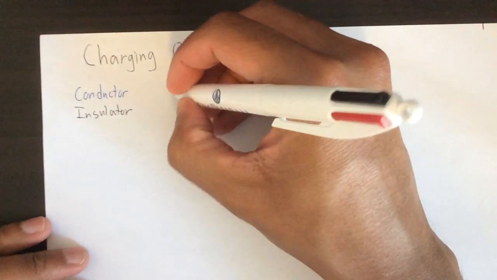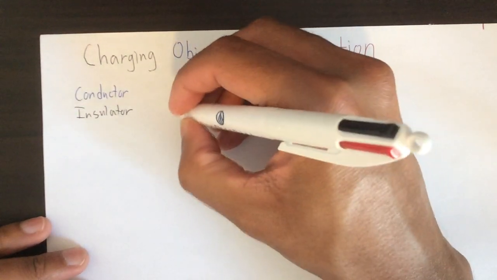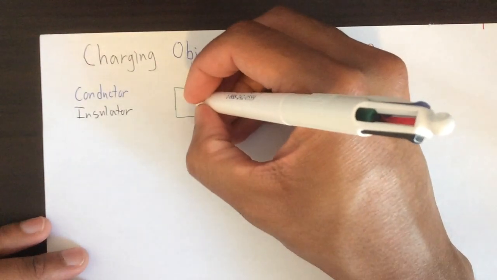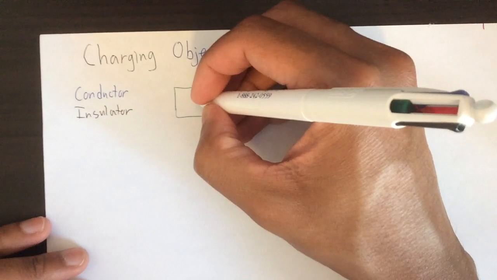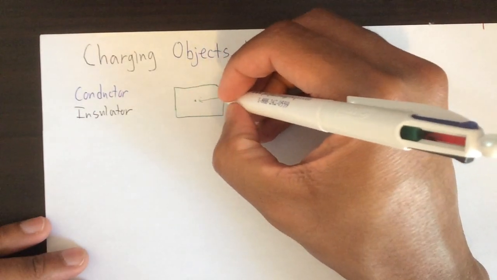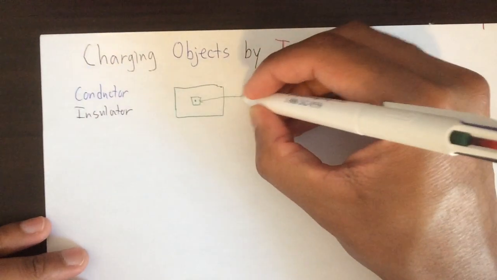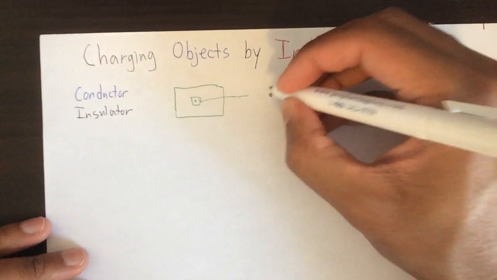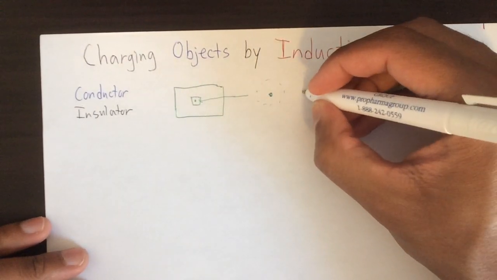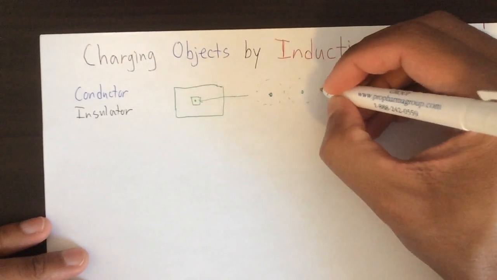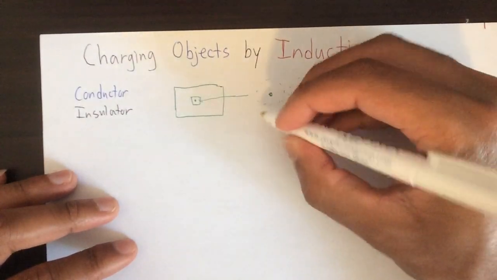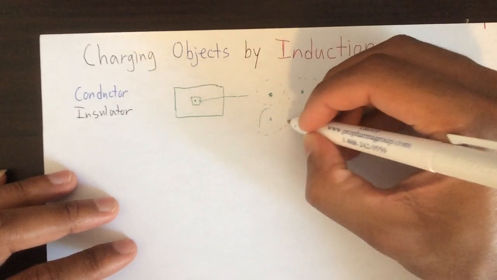So we have some material object, just some kind of block, and each block has protons and electrons. If you zoom in on a little section of this, you have the proton nucleus, and then you have electrons swirling around.